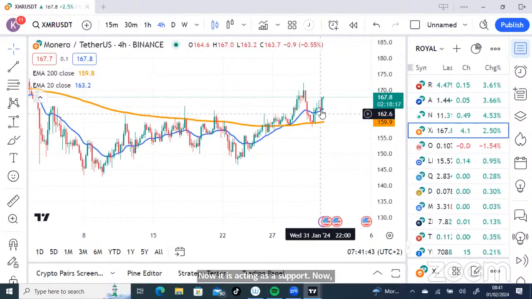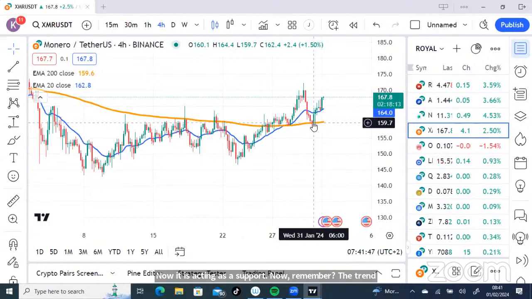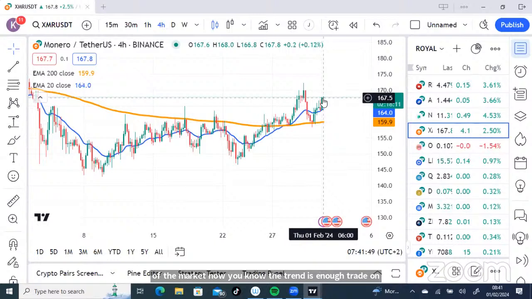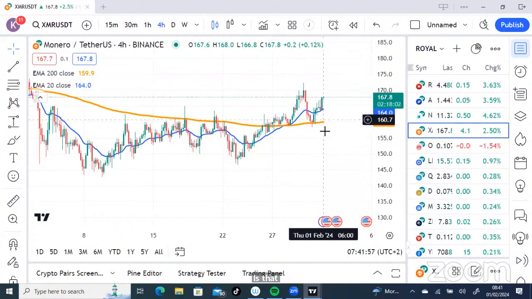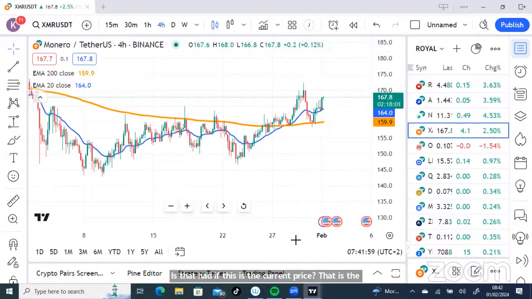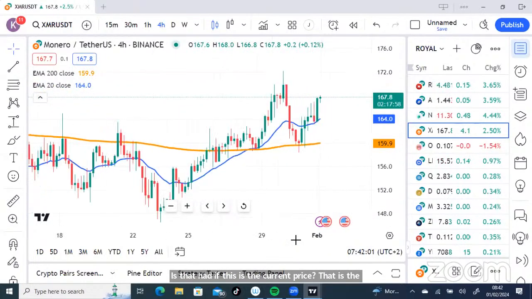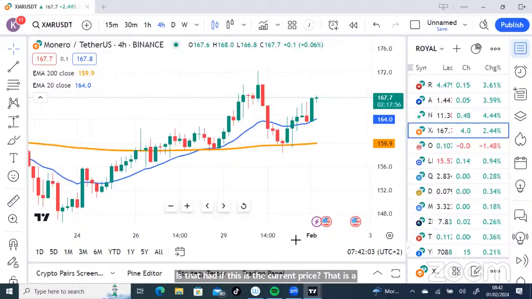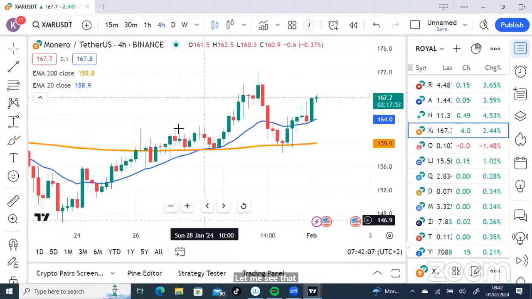Now remember the trend of the market. Now you know the trend is an uptrend on Monero. Now you find your exit point. You enter from here and get out from here. Is that hard? If this is the current price, there is a bullish engulfing candlestick chart pattern. Can we all see that? Simple.